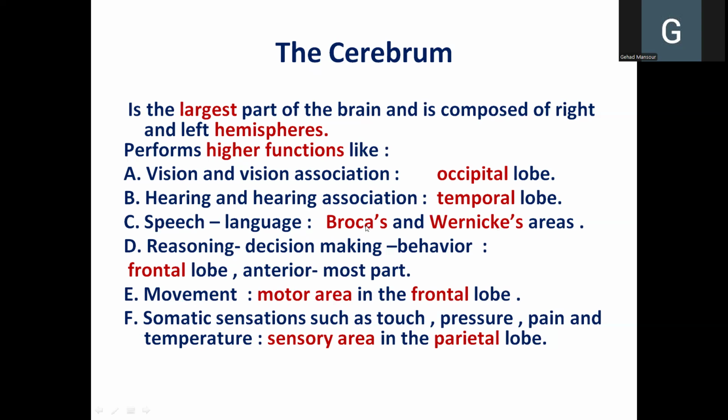Why is Broca's aphasia considered motor aphasia? Because there is lack of coordination between the muscles of articulation. The muscles of articulation include the muscles of the lips, the muscles around the lips, the muscles of the tongue, the muscles around the larynx.